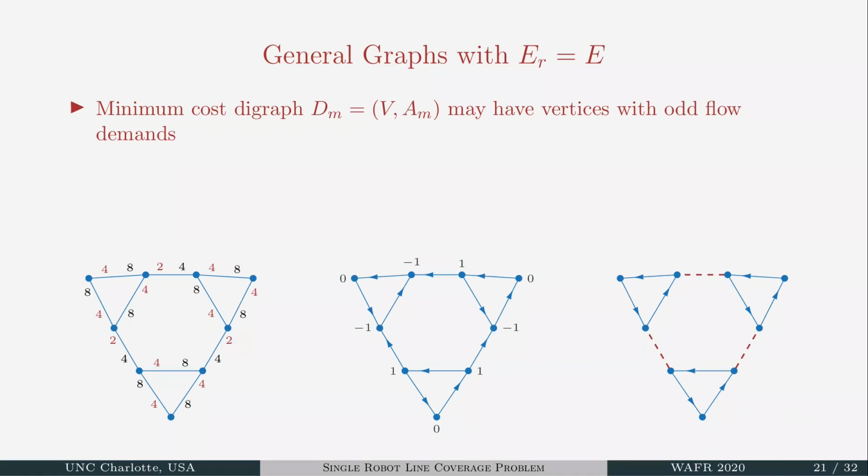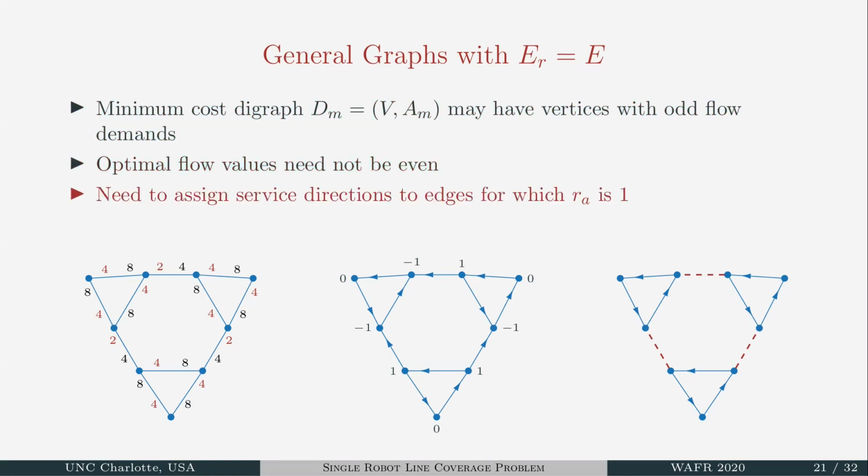Now we look at general graphs wherein all the edges are required but are not necessarily Eulerian. In such cases, the minimum cost digraph may have vertices with odd flow demands, and the optimal flow values need not be even. While it is not an issue for the flow along deadheading arcs to be odd, we need to assign service directions to edges for which the flow through reversal arcs is 1.